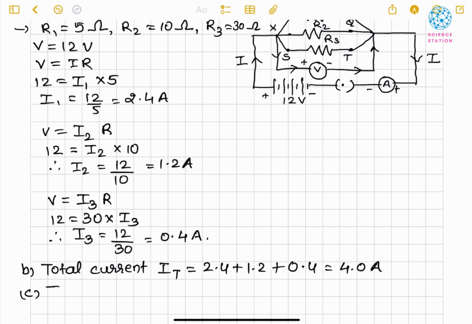Now in C part he is asking total resistance. So total resistance, as they are in parallel, so 1 upon RT will be equal to 1 upon R1 plus 1 upon R2 plus 1 upon R3.